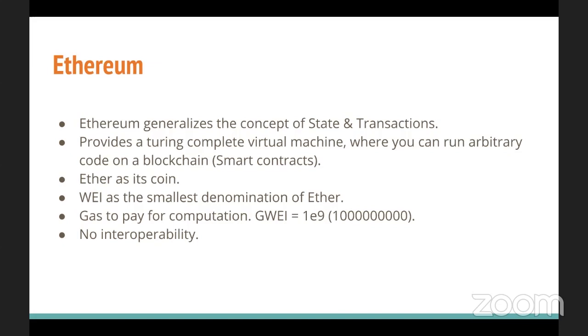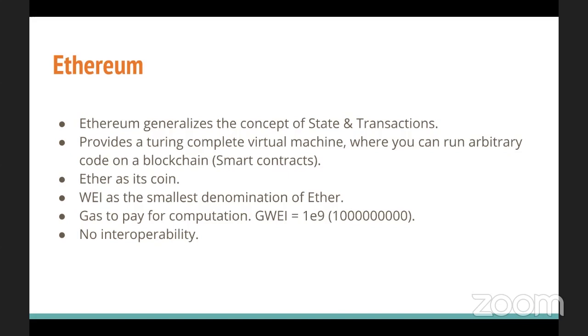For example, Bitcoin doesn't have a way to run arbitrary code on its blockchain, and Ethereum broke everything open because of this concept called smart contracts, which are programs that run in the blockchain. So that is why Ethereum has these state and transactions blocks.